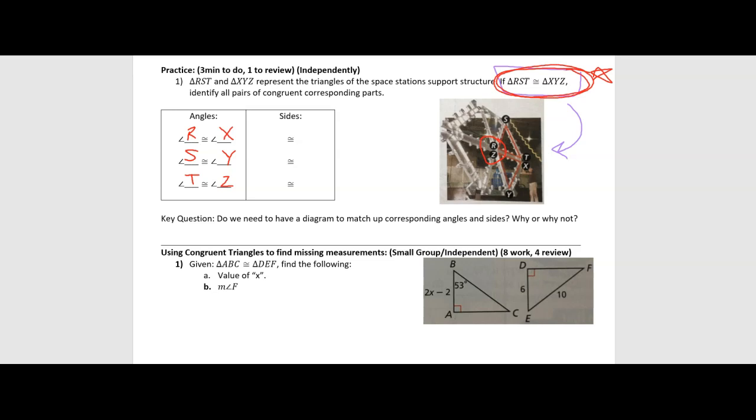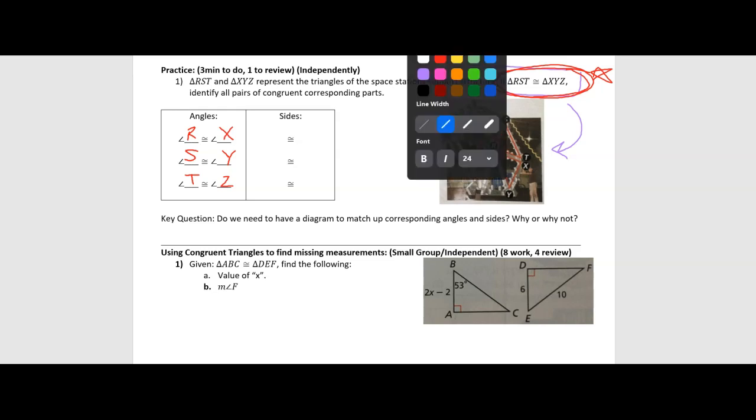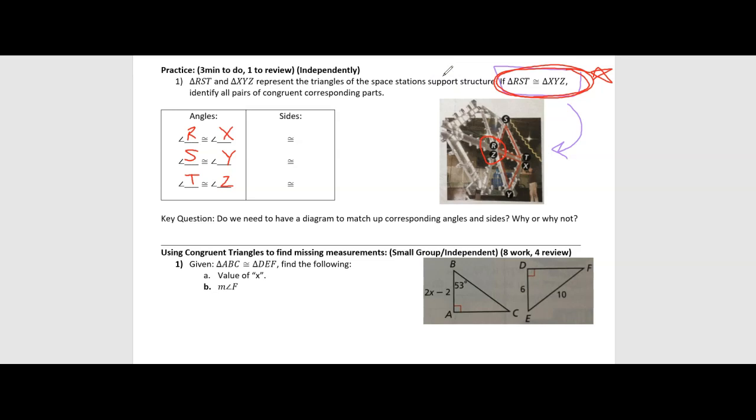If you're just looking at the picture, then you may or may not get the answer right because you're going to be guessing. You don't know which angles are congruent because they don't give you the arcs. If you look at the statement, you know exactly which angles are congruent because it matters on the order that they're written in.